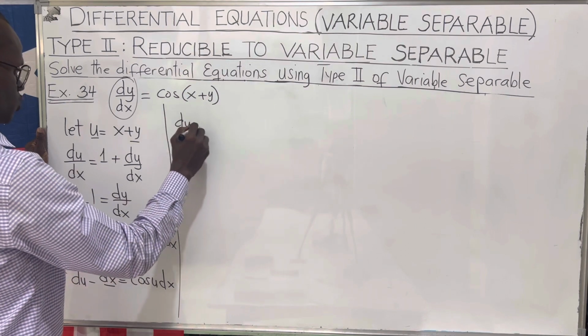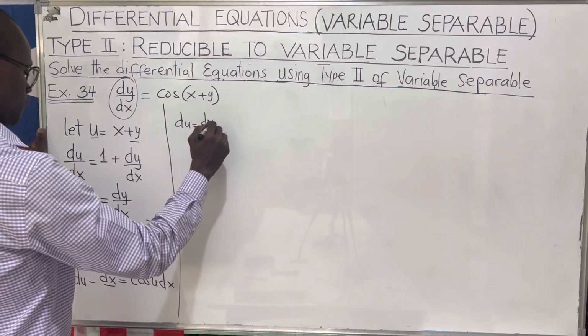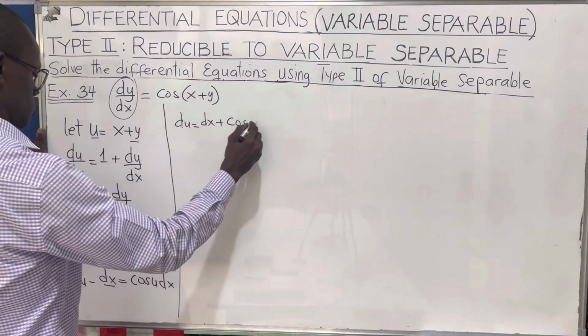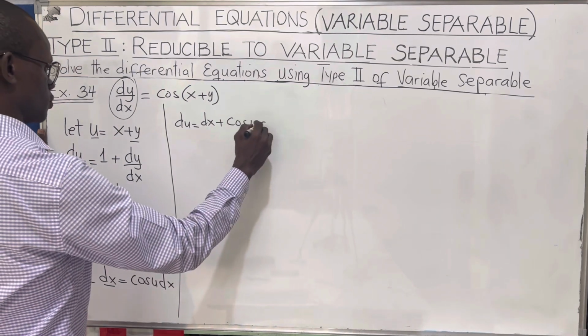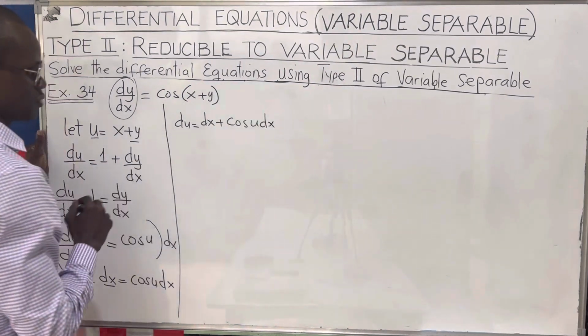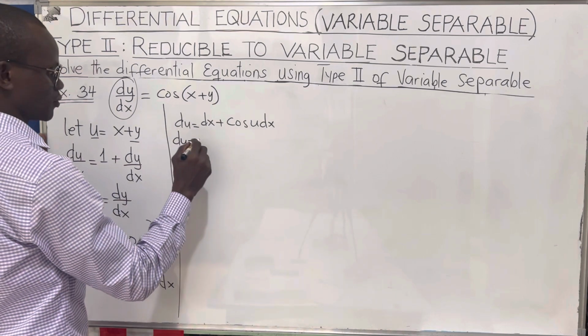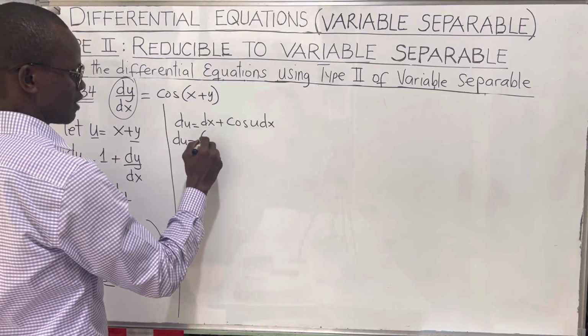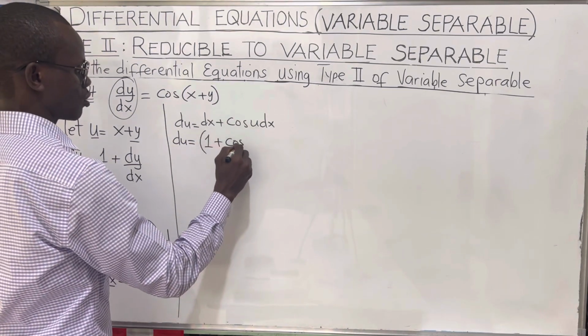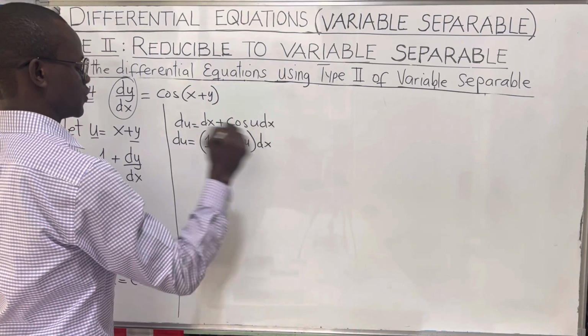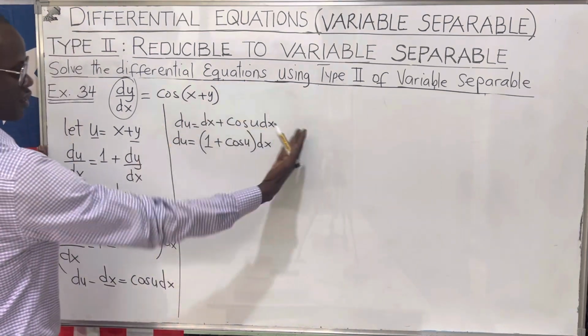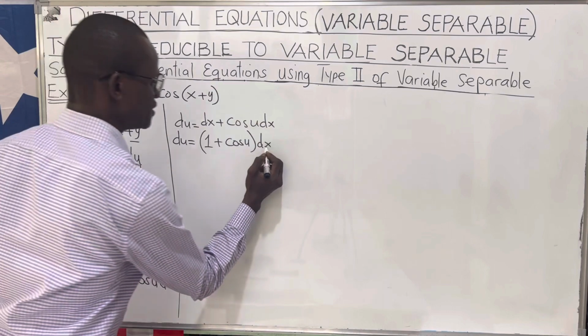So we will have du equals dx plus cos of u dx. You can factor out dx. So what happens? You have just 1 plus cos of u, dx. We have factored out dx.